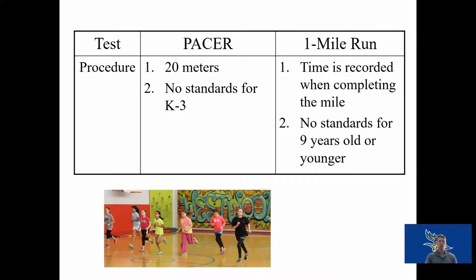And then once they're old enough, this would be 9 years old, about 4th grade, 3rd grade, 4th grade, 5th grade, we can start implementing some of these assessments and tracking their progress year to year and their physical fitness year to year, and month to month, and so on, depending on how you run your program.